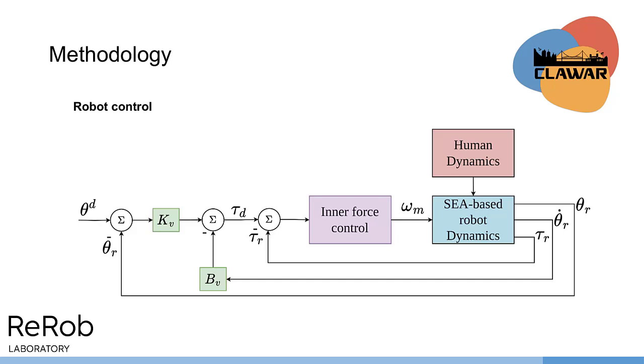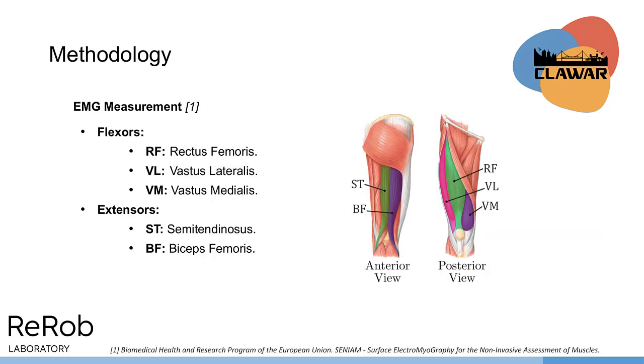In this context, human dynamics was considered as a disturbance in the robotic system. Through this approach, we could adjust the robot response to human actions in a way that ensures safe and controlled interaction, maintaining the system integrity during the test executions.